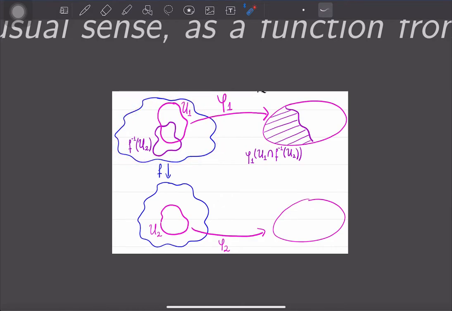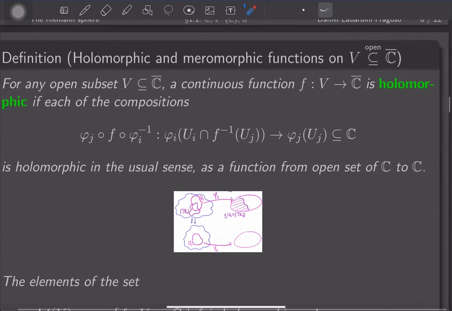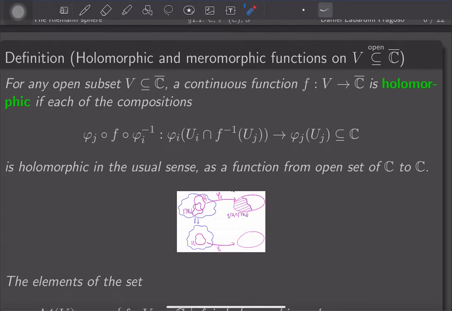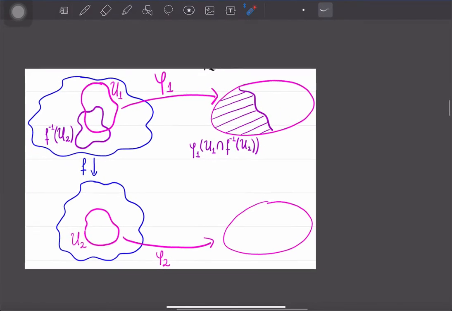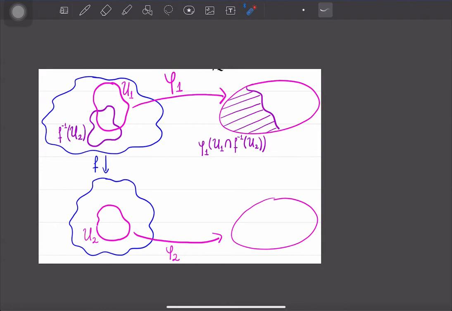So what one does is, in C bar we have our two special open subsets, and one takes each of them at a time. Let's say that I take U2.